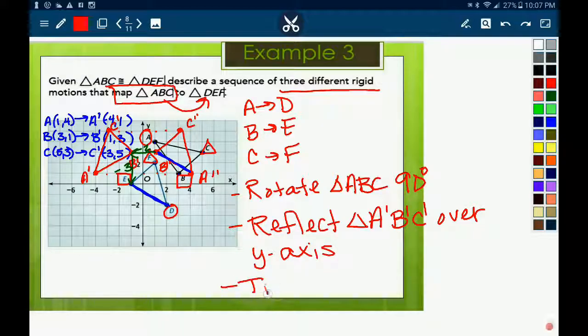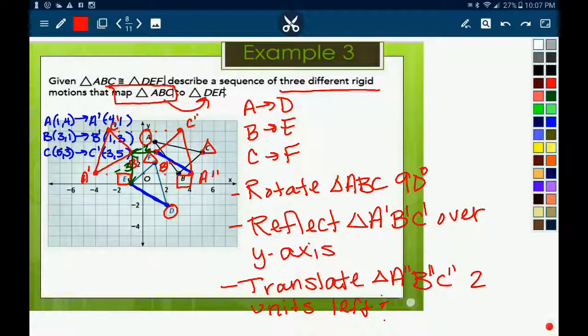Then, lastly, we translated triangle A double prime, B double prime, C double prime 2 units left and 3 down.